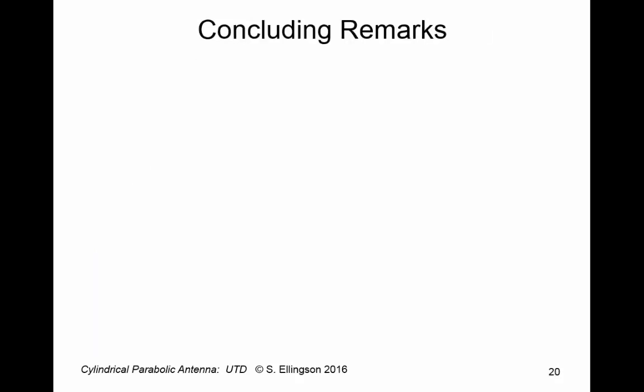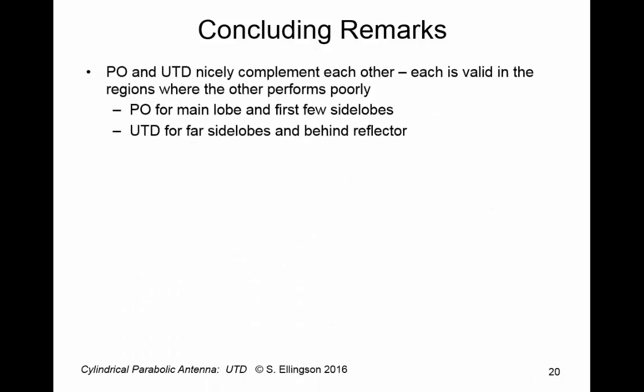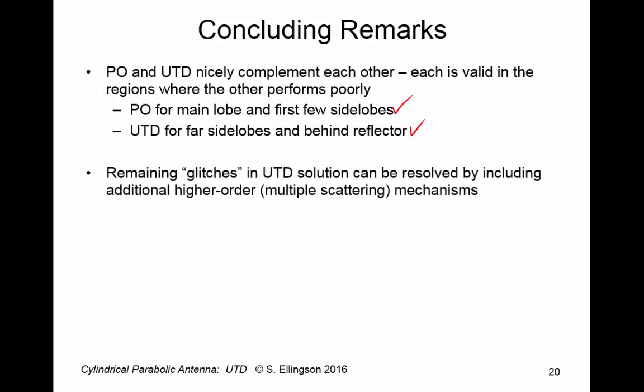So, concluding remarks. Physical optics and UTD nicely complement each other. Each is valid in the regions where the other performs poorly, and we're lucky for that. Physical optics is the way to go for the main lobe and the first few side lobes. UTD is the way to go for far side lobes and behind the reflector. Remaining glitches in the UTD solution, and we've seen some, can be resolved by including higher order, that is, multiple scattering mechanisms.